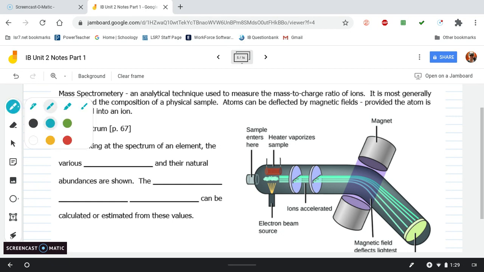So this is sort of the first key thing that we're going to use it for: to find the composition of a sample. Think about a show you've watched on TV, maybe a forensic science show, a CSI or some kind of crime show.